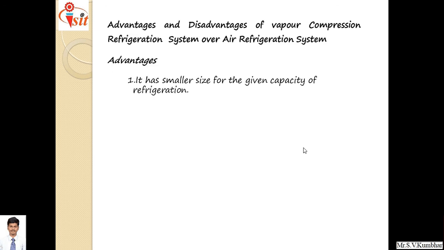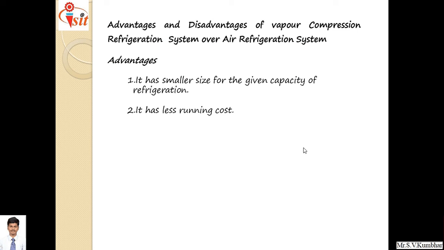Now the advantages and disadvantages of the vapor compression refrigeration system. The first advantage is that it has a smaller size for the given capacity of refrigeration. Even this small sized cycle can be used for chilling of water and in automobile air conditioning, so it has many advantages.